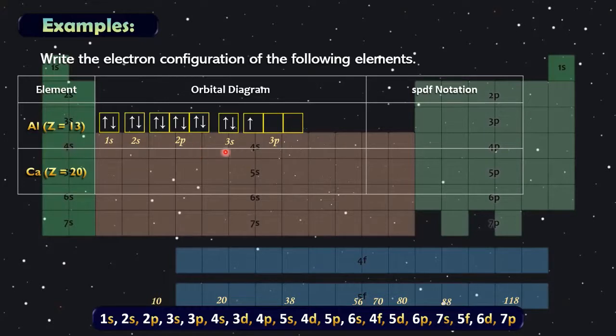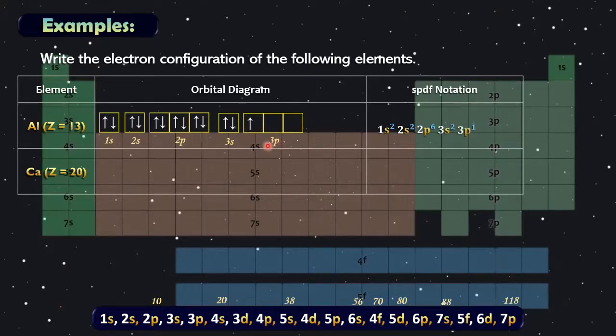We now have the orbital diagram. Let's have the SPDF notation. I guess the SPDF notation is easy, especially if we base it on the orbital diagram. Okay, 1s2, 2s2, 2p6, 3s2, 3p1.